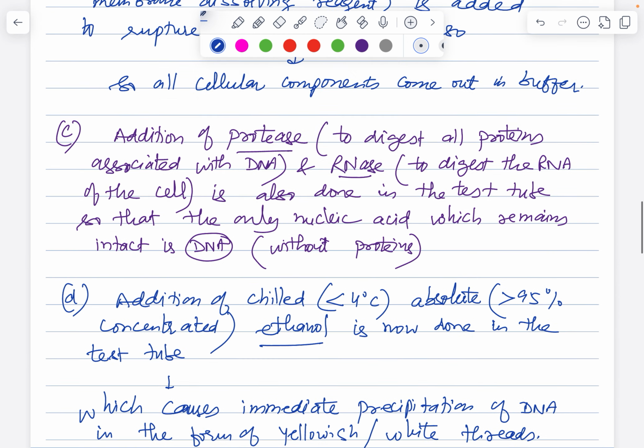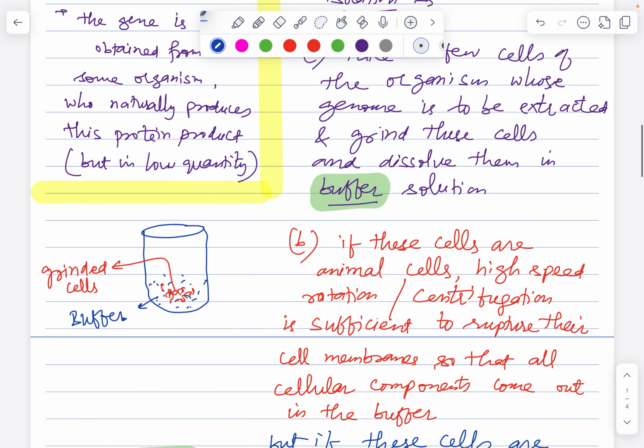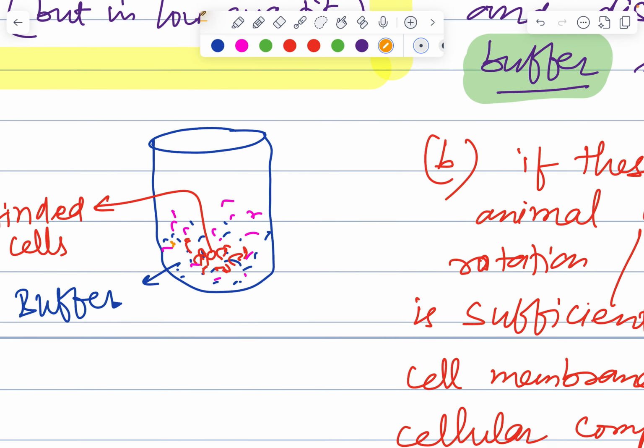In the test tube, where all the components are there, as soon as you add chilled absolute ethanol, you would be able to see a few yellowish thread-like structures. What are these threads? The precipitated DNA.